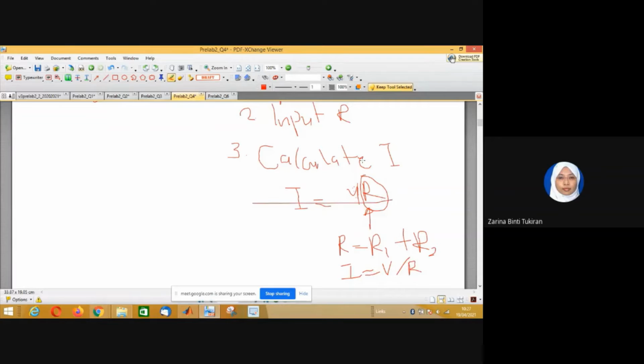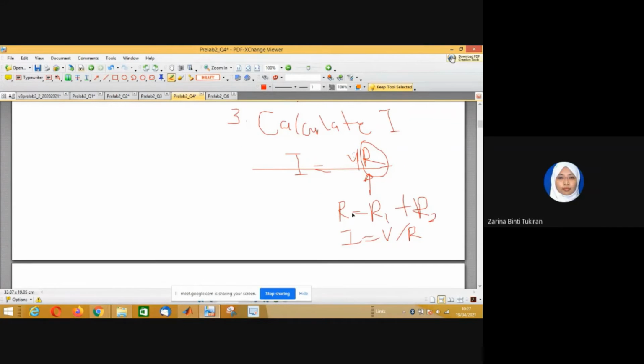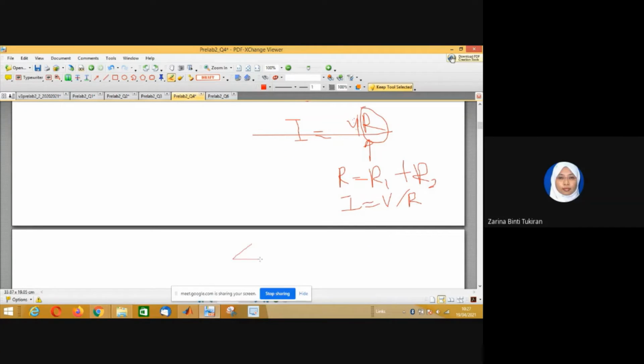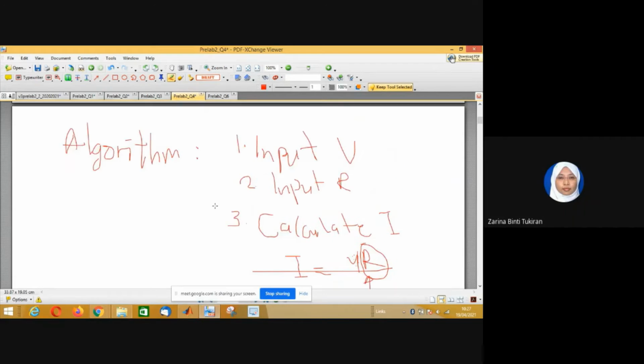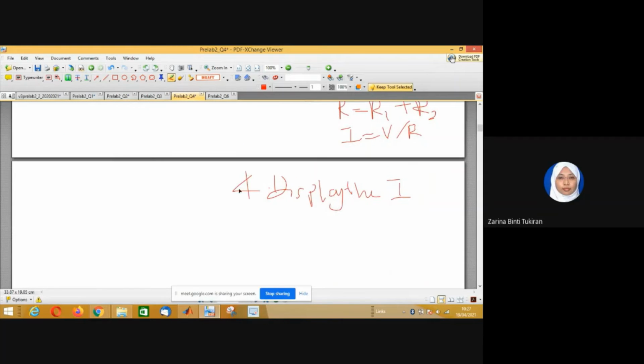So in order to calculate I, you need to calculate R first, then you can calculate I. Then lastly, you will display the output, display I. So this is the algorithm, only 4 steps. The next step is to implement.